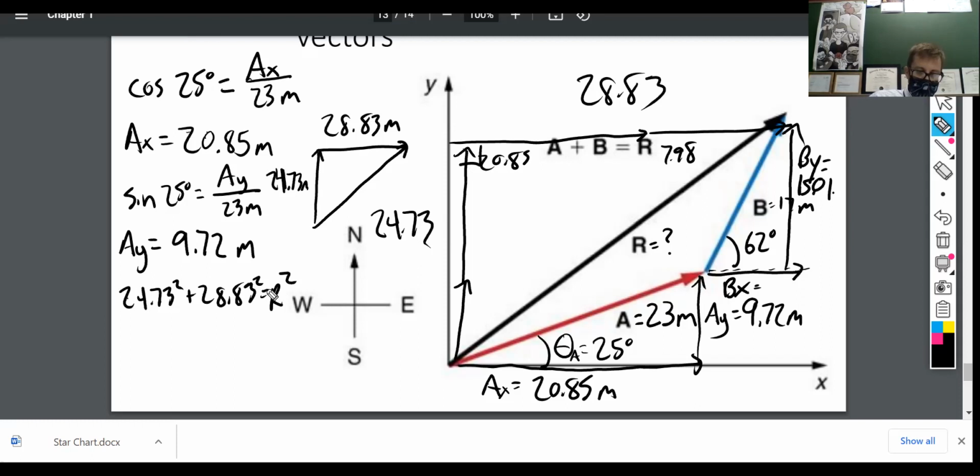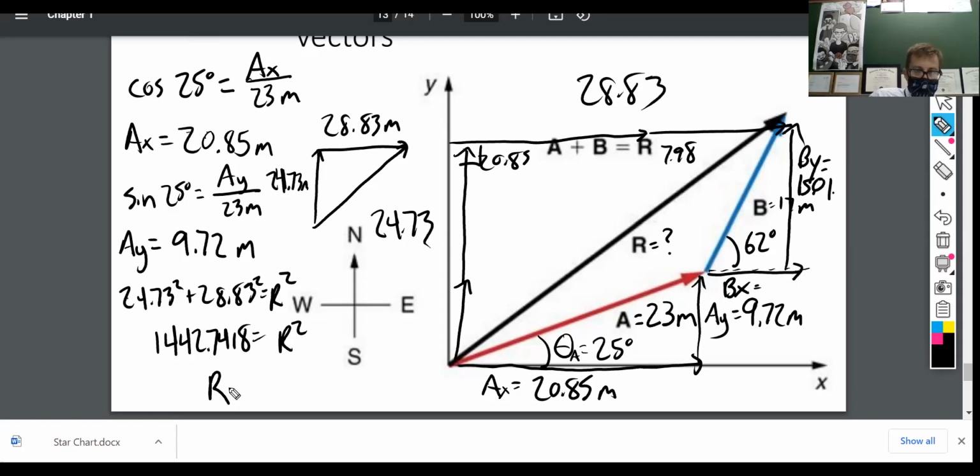24.73 squared is 611.5729 plus 28.83 squared is 831.1689. So the sum of those is 1,442.7418. And the last step would be to take the square root.